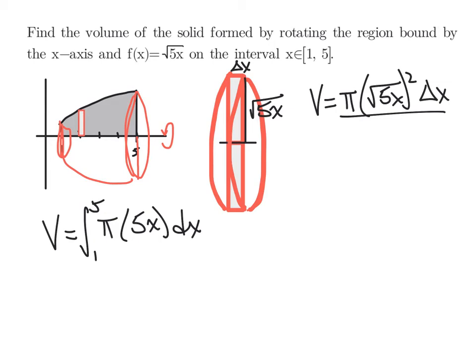Now we just have to evaluate it. Using the power rule, x is going to go up to the squared power, and that 5 pi gets divided by 2.